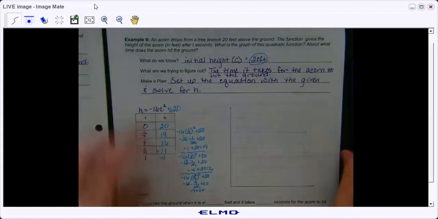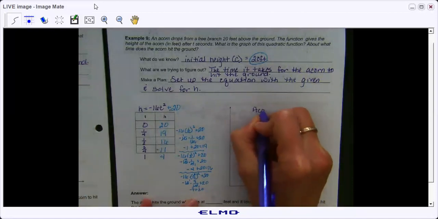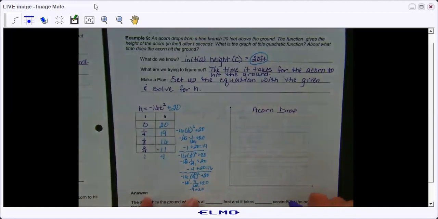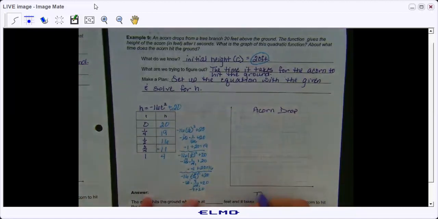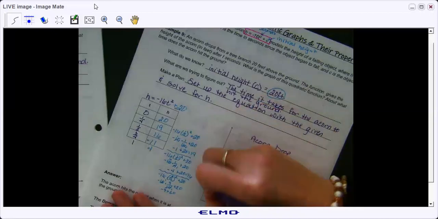So we need a title for our graph. We're going to label it acorn drop. The x-axis is time in seconds. And the y-axis is height in feet.